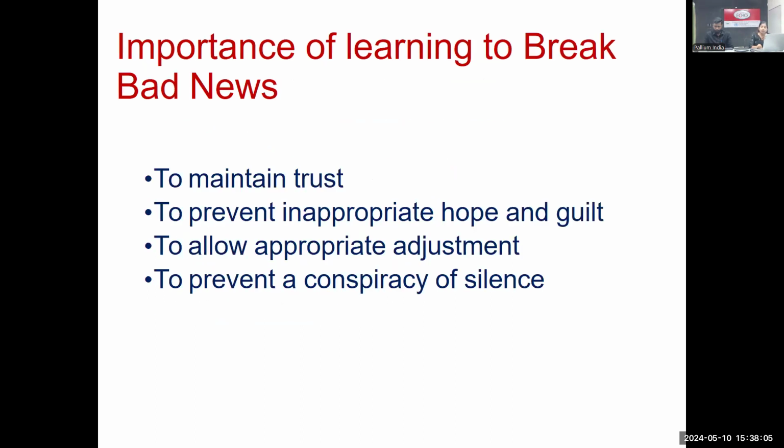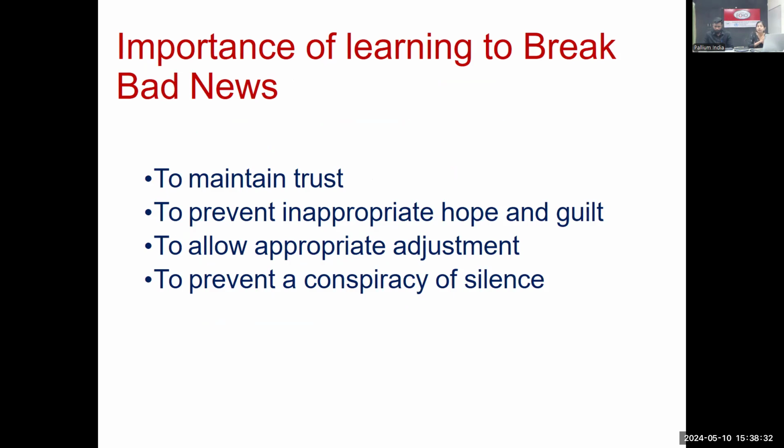But why is it important to learn how to communicate or break bad news? To maintain trust, to prevent inappropriate hope and guilt, to allow appropriate adjustment, to prevent conspiracy of silence. Again, everybody knows what the condition is, everybody is suffering alone. In order to bring everybody onto the same page, this is important.